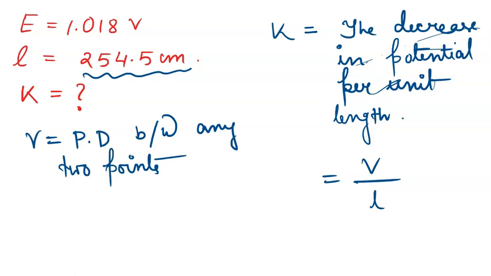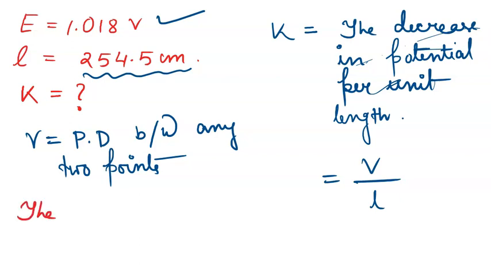Okay. So it is said that in this potentiometer, the balancing length is 254.5 centimeter, against this EMF 1.018 volt. It means that at this length, 254.5 centimeter in potentiometer wire, the galvanometer will show no deflection. That means no current will pass through the junction.